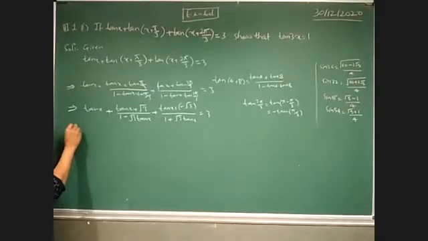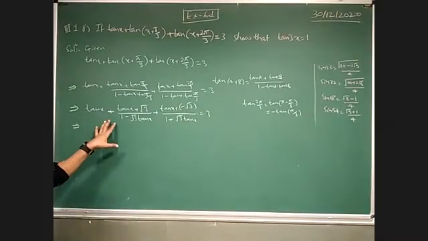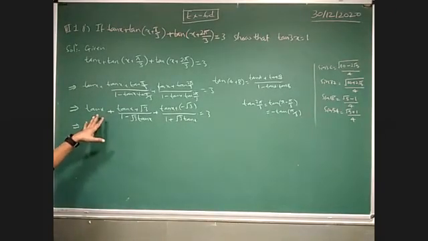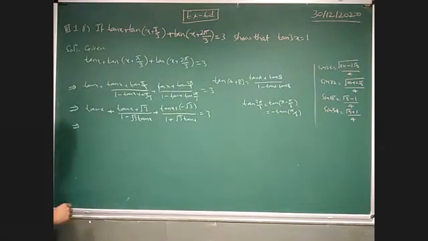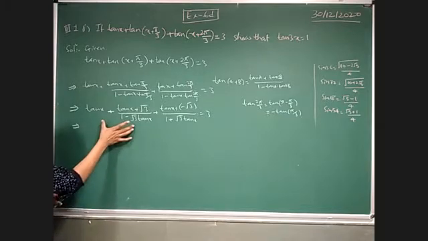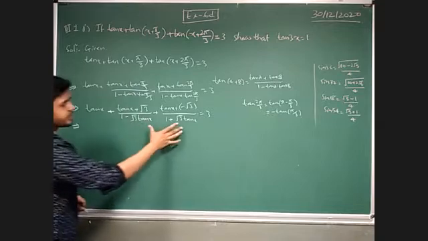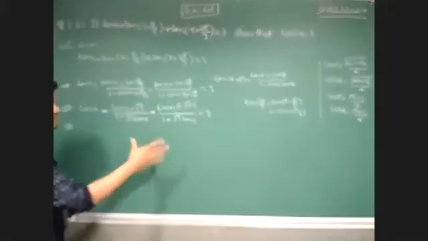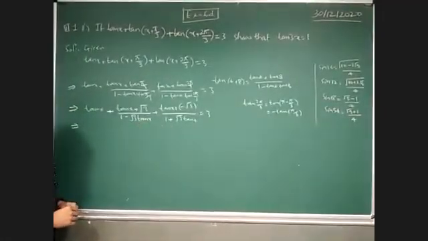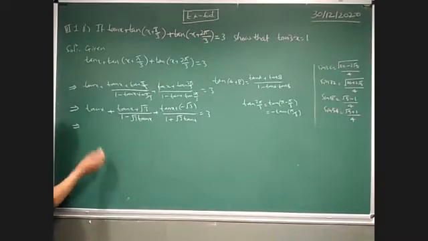Now here we have to take LCM. Okay, so directly I am going to take LCM. You can take LCM first to these two things and then the other, or otherwise you can take simultaneously. So here I am going to take simultaneously.